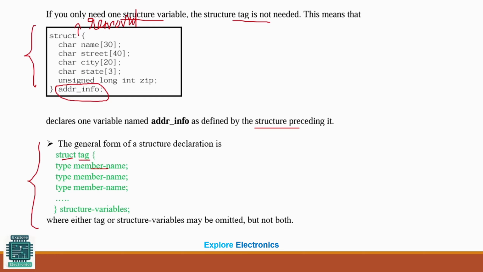After listing all the members, you have to mention the structure variables. It is very important to note that either the tag or the structure variables may be omitted, but not both. You can eliminate this one or this one, but not both. You have to use either the tag or the structure variables. Of these two, one should compulsorily be present. And I hope you understood this.